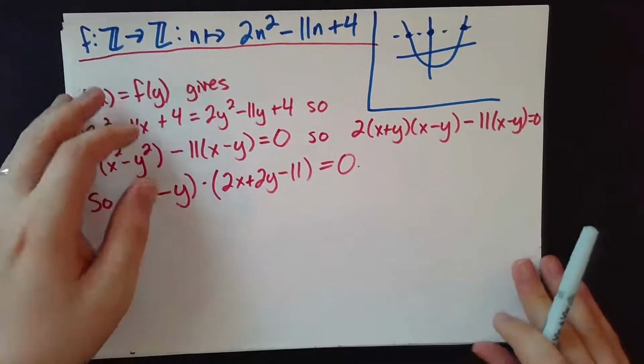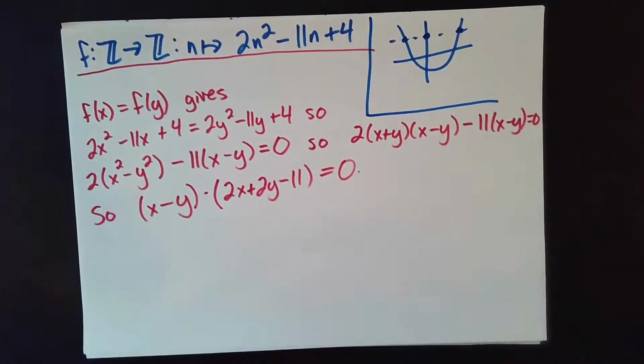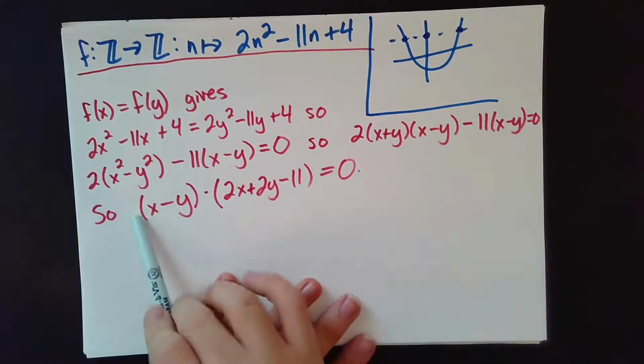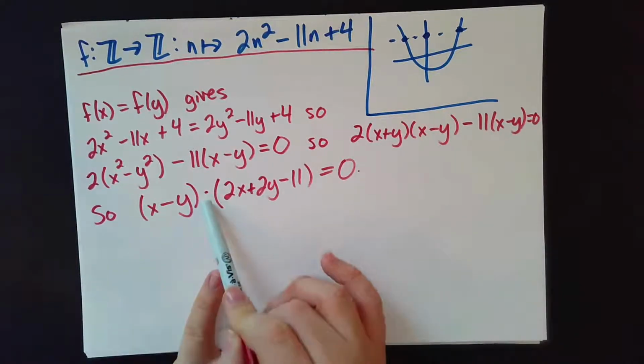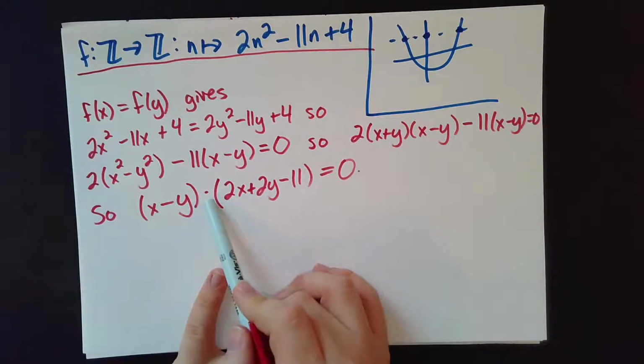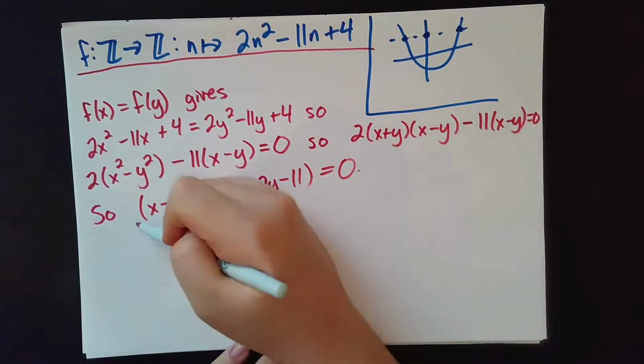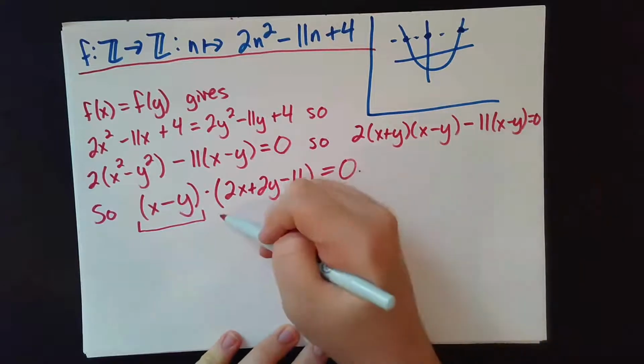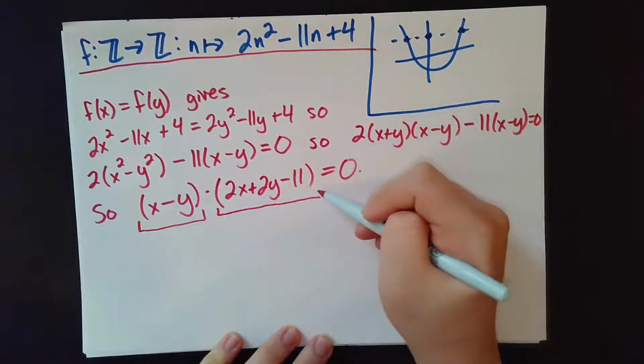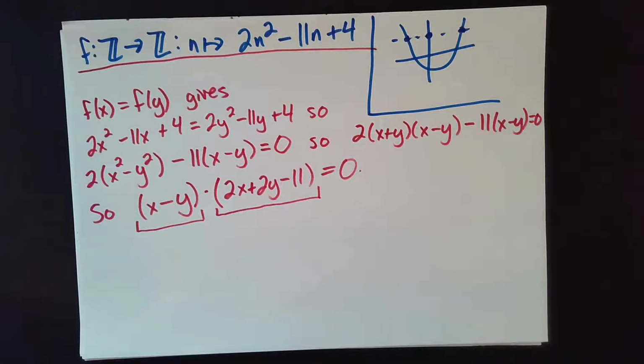And so in a sense, what happens is that you split this up into the times where f of x equals f of y because x and y are equal. That's this factor. And then the other factor here ends up being the quote-unquote interesting times that f of x and f of y are equal.